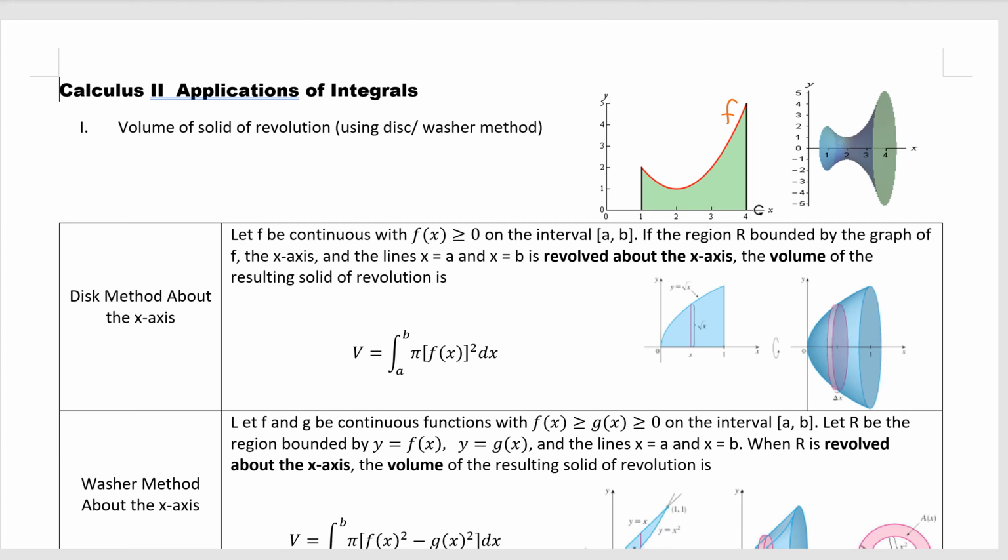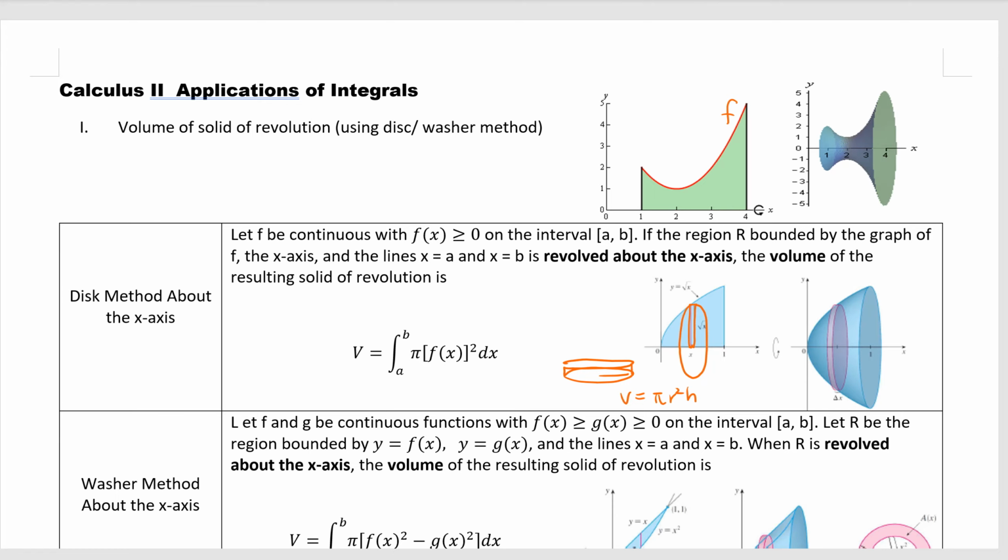Why is that? We can cut the region into a small rectangle, and think about what happens when we rotate it about the x-axis. We get a disk, right? How do we calculate the volume of a disk? This is like a cylinder, so the volume is pi r squared times height.